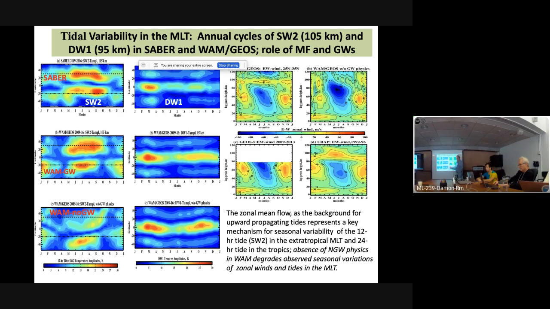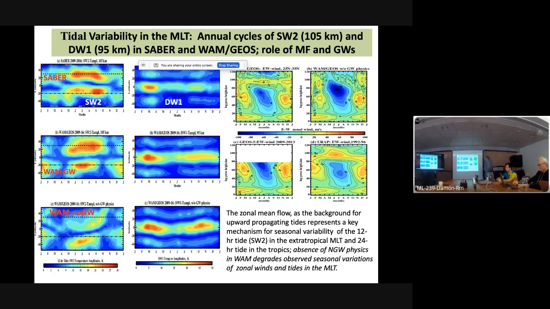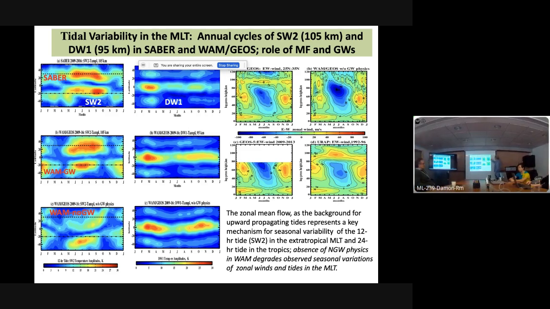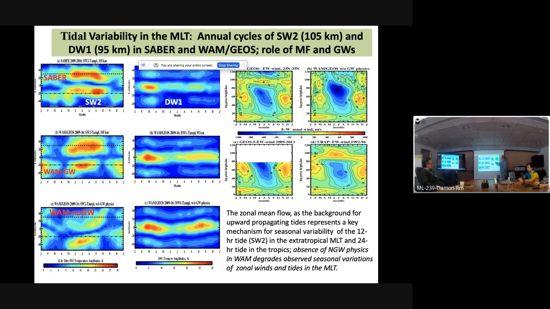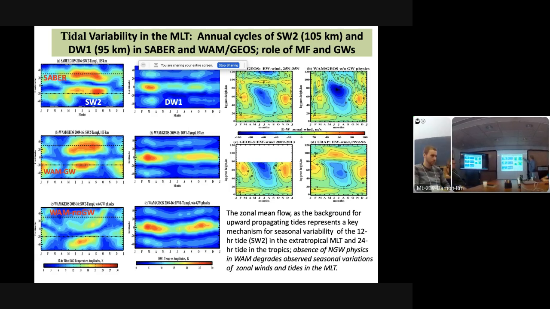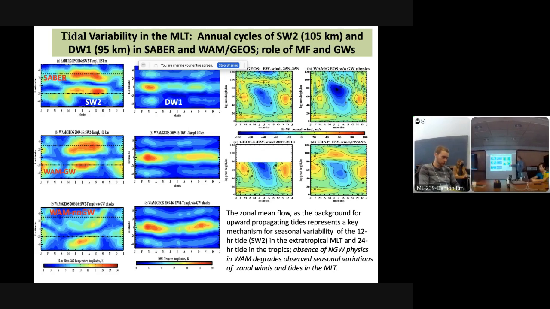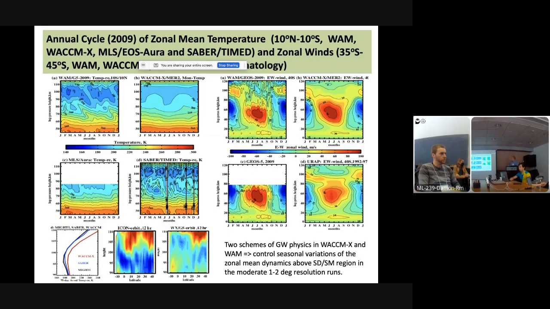The data doesn't show this. Here I show zonal mean winds at this particular cross-section for seasonality. If you don't have gravity waves, of course, you don't have wind reversals, and you screw up the behavior of the semi-diurnal tide in the model.